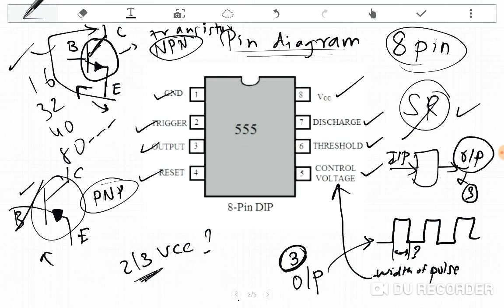As we all know, every device needs an input so that it can generate an output. The input here is the VCC, or pin number 8. So pretty much clear about the pin diagram of IC 555.